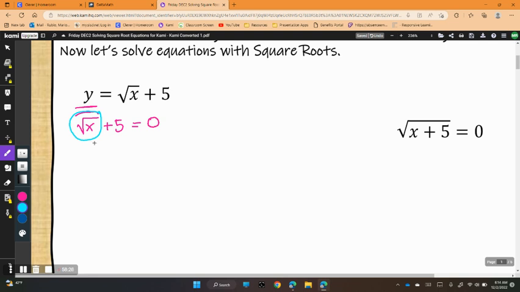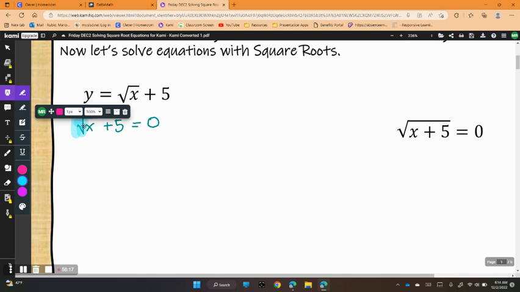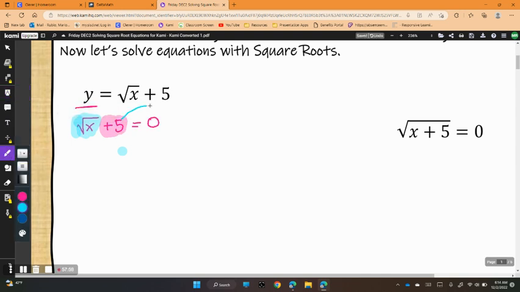And the way I can do that is, like we've done before, I'm going to isolate what's on the square root, what's in the radical. I'm going to isolate it by getting it on one side of the equal sign, and I'm going to take everything else that's a number and move it to the other side of the equal sign.